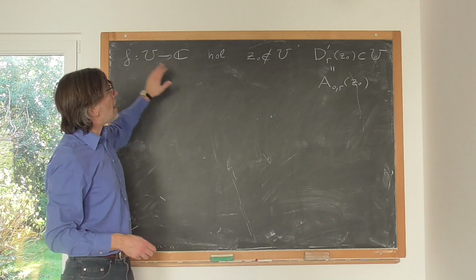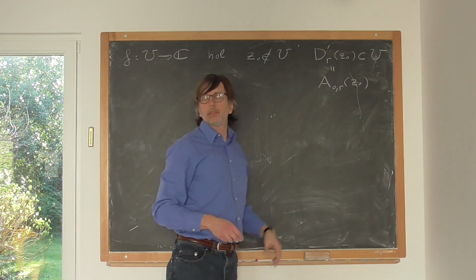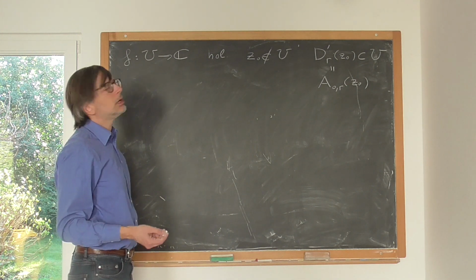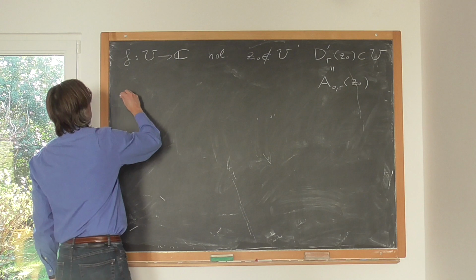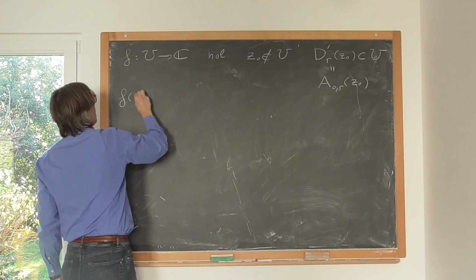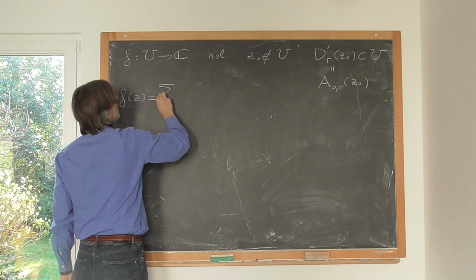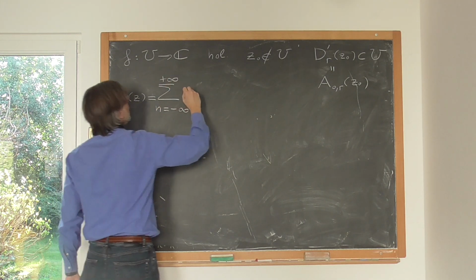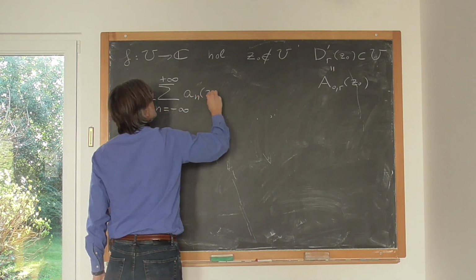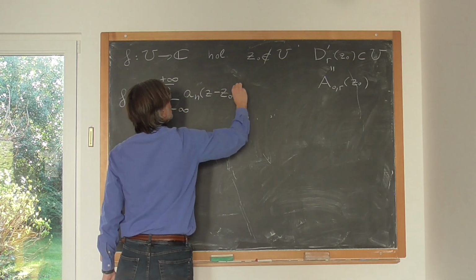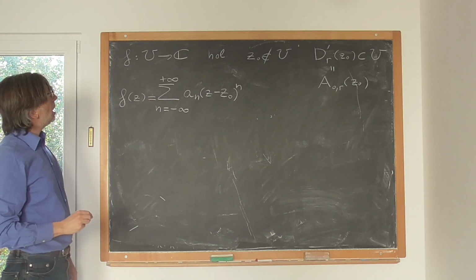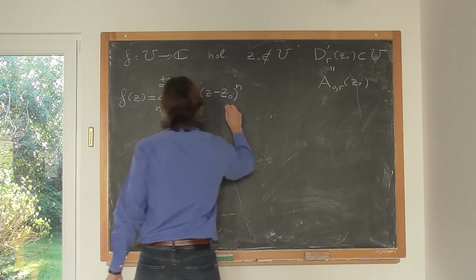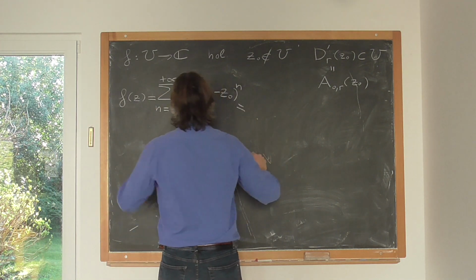So our function f is holomorphic on this annulus, and as such it has a unique Laurent series. We can write f of z equals the sum, n goes from minus infinity to plus infinity, of a_n times (z minus z naught) to the power n. And this sum, we can also split as follows.